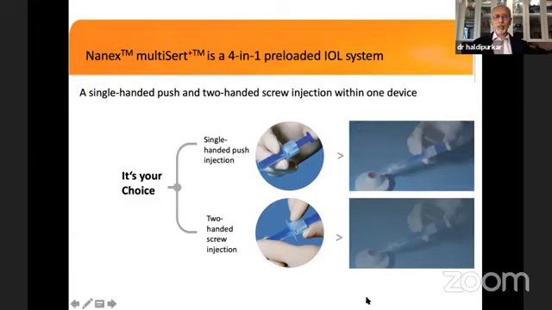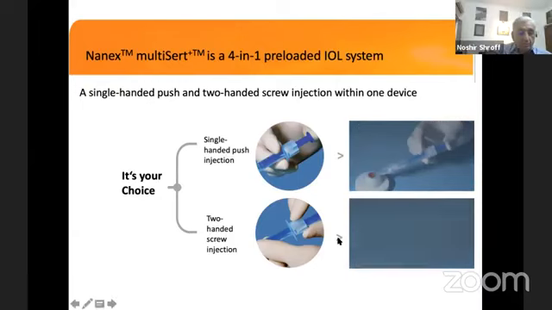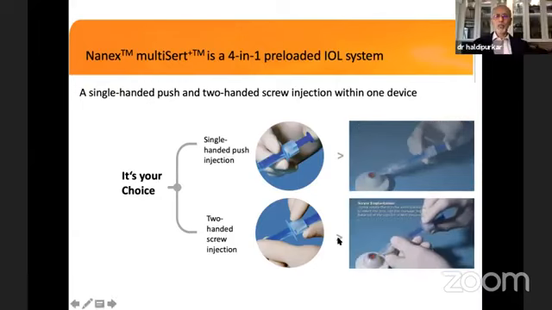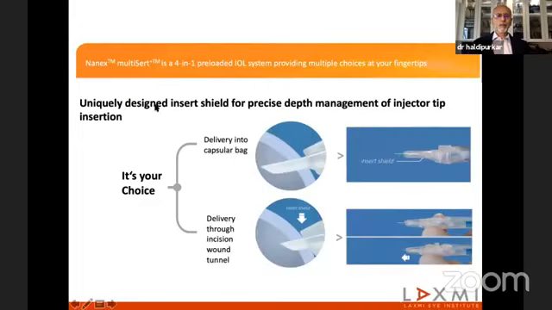And if you're used to using a screw technique, this is how you hold it with one hand and very gradually with the second hand, you can screw it in. And the other two features are about how delivery can be done directly into the capsular bag, or it can be done through the incision wound.